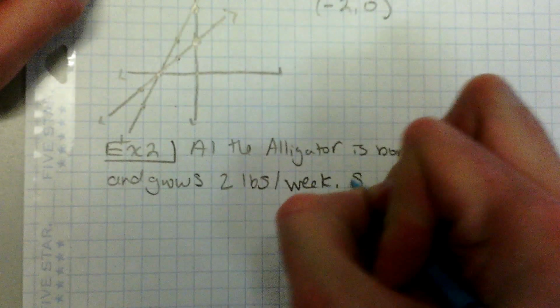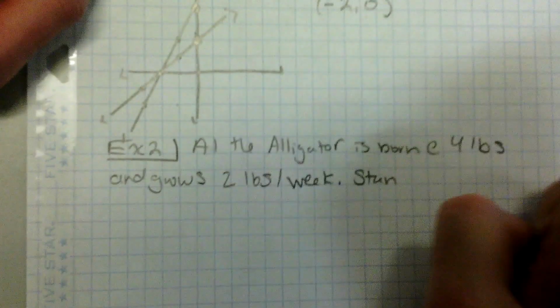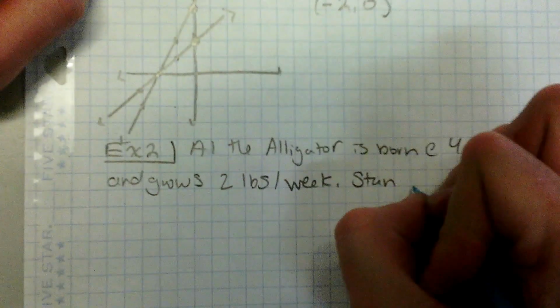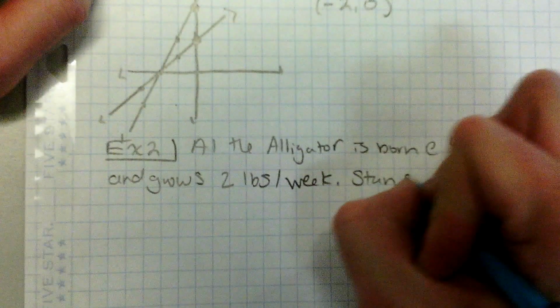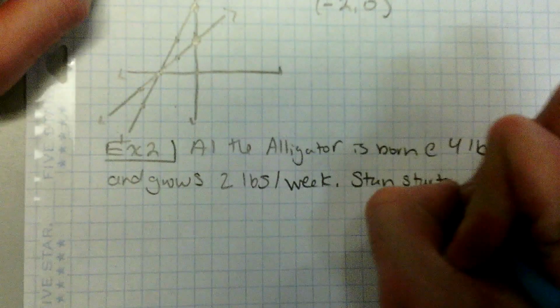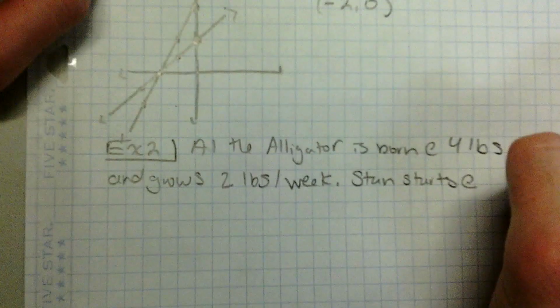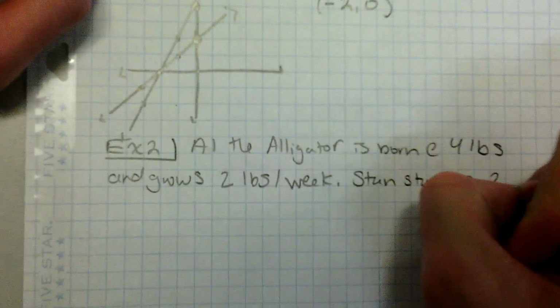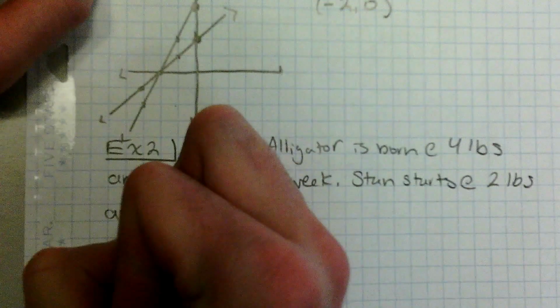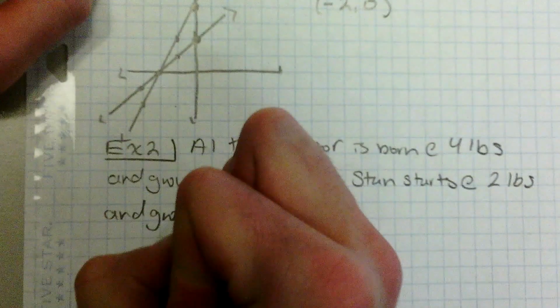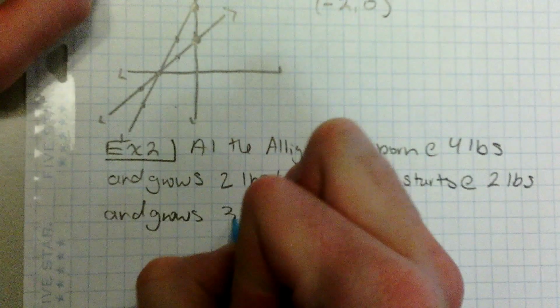Stan the alligator starts at 2 pounds and grows 3 pounds a week.